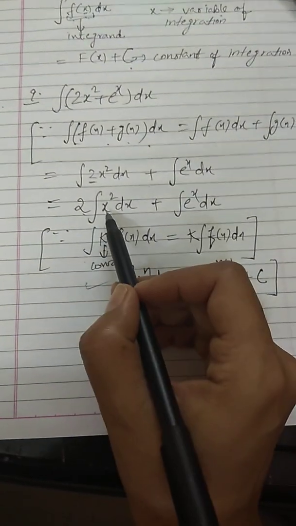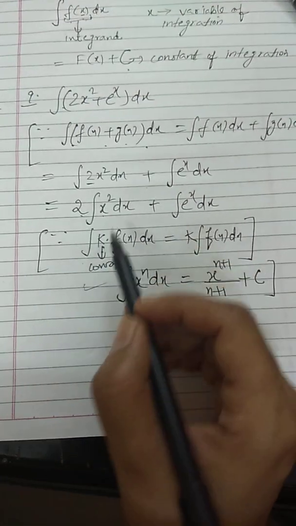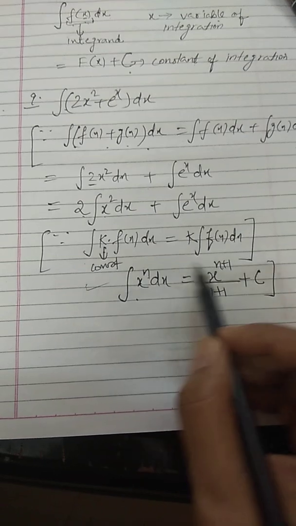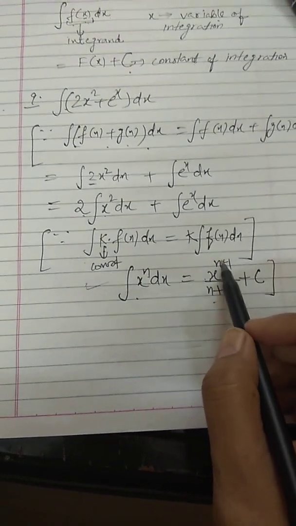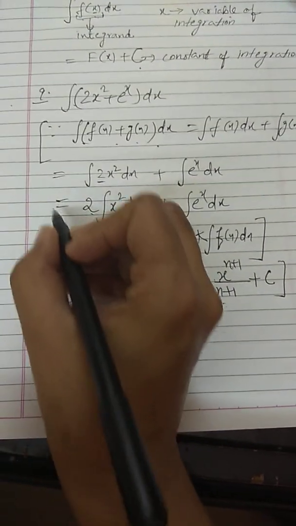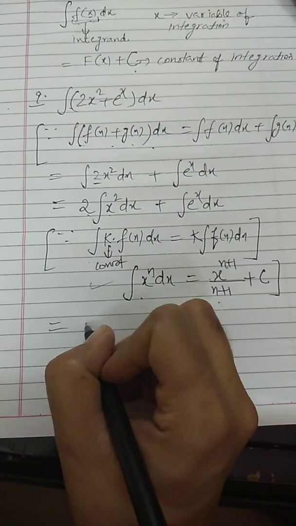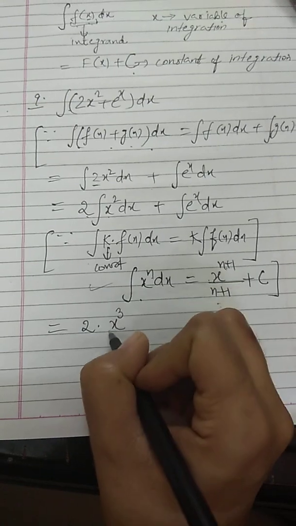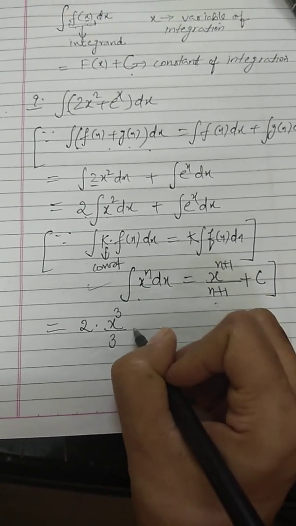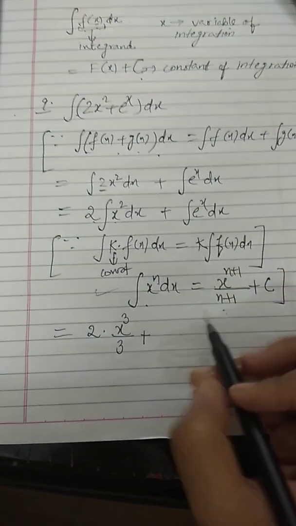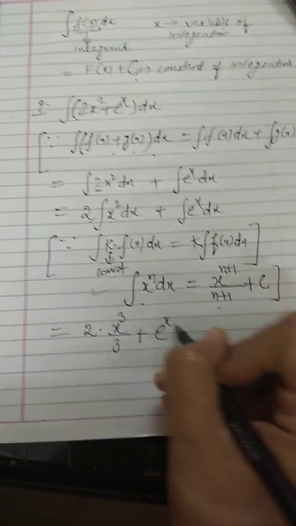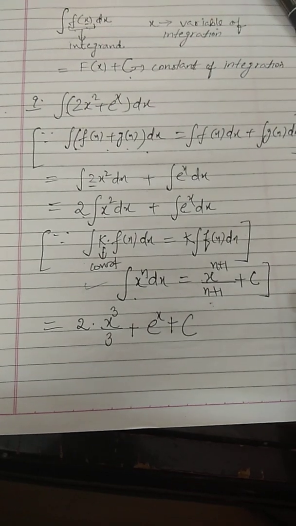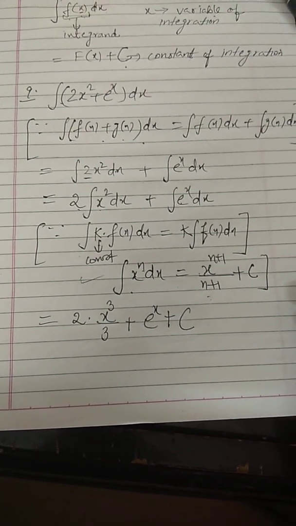So when I integrate x square, with n equal to 2, the integral becomes x raised to power 3 divided by 3. Continuing, 2 is outside, the integral of x square becomes x raised to power 3 divided by 3, plus the integral of e raised to power x, which is e raised to power x only, and in the last we write c, the constant of integration.